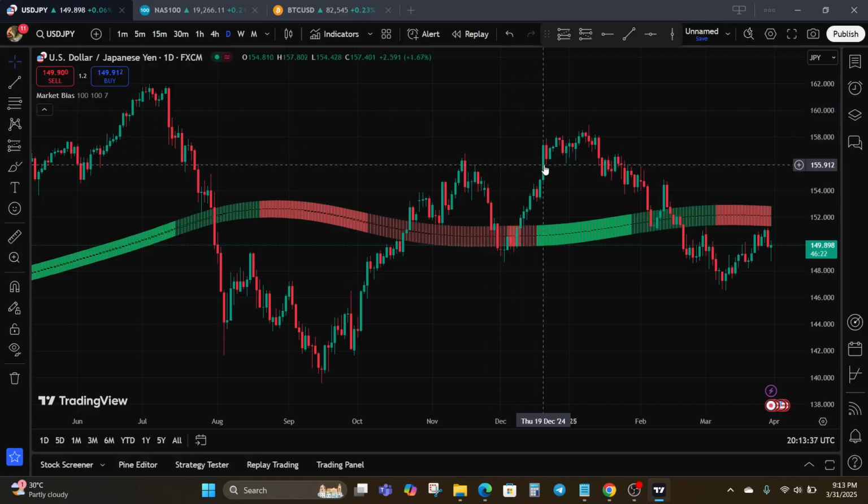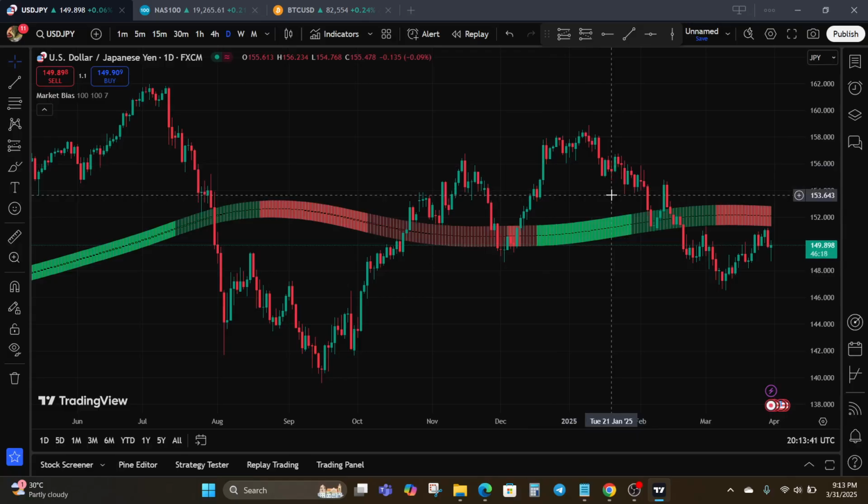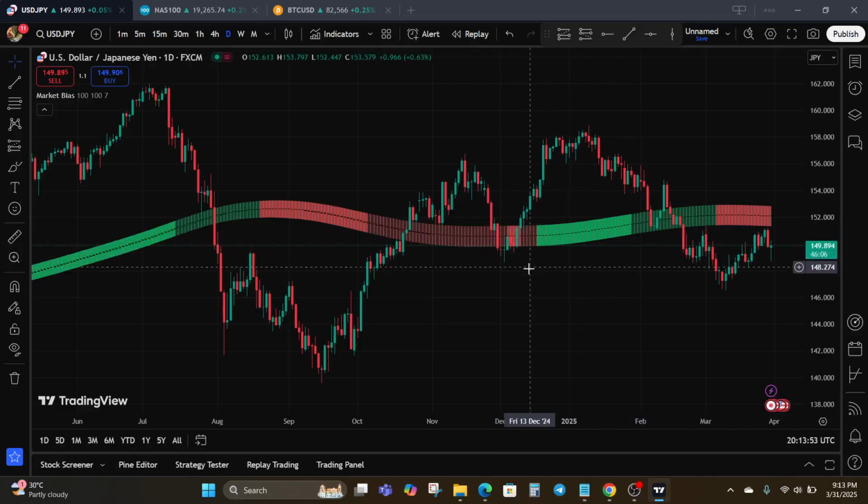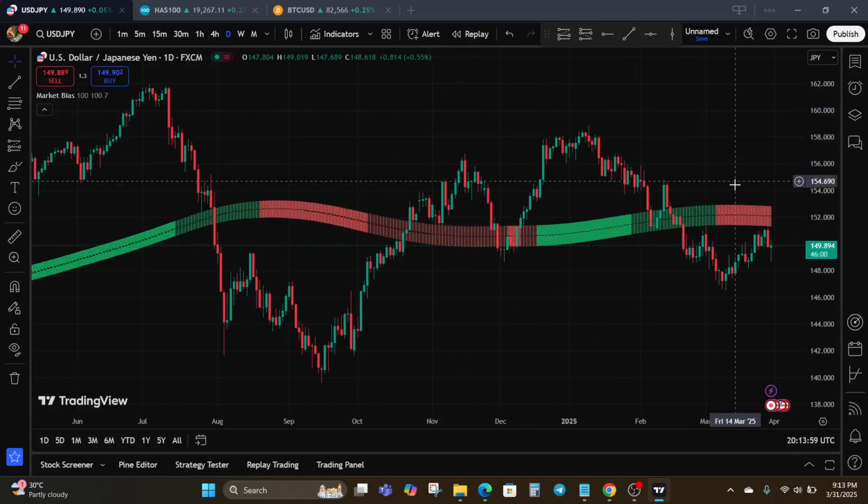This indicator is based on the Heiken Ashi calculations, which smooth out price fluctuations and reveal the true market direction. So instead of dealing with choppy price action and false breakouts, this indicator filters the noise, helping you see whether the market is in an uptrend, downtrend, or ranging phase.